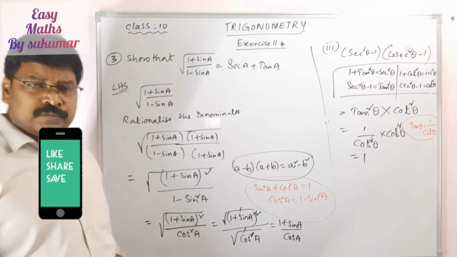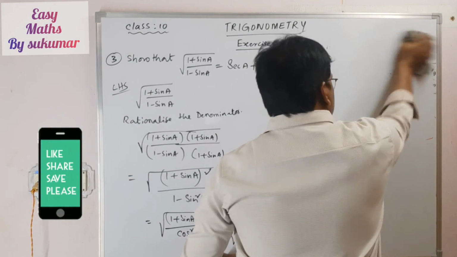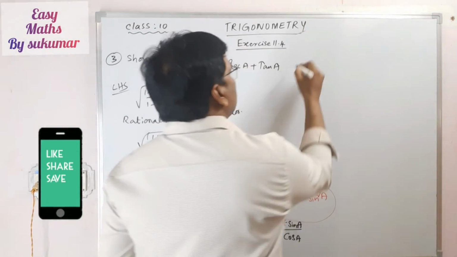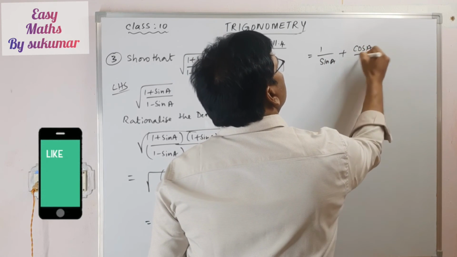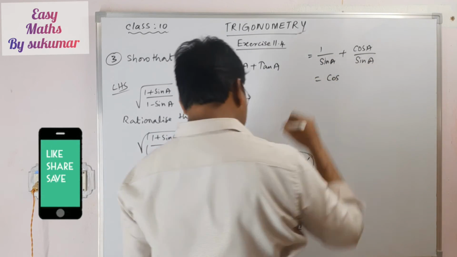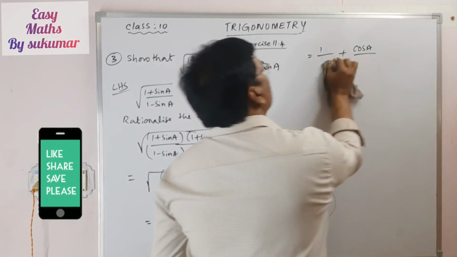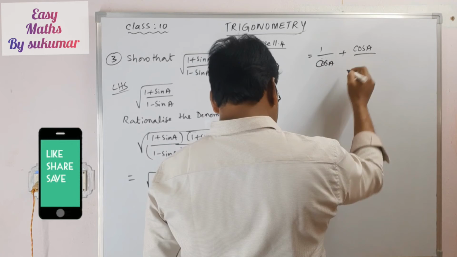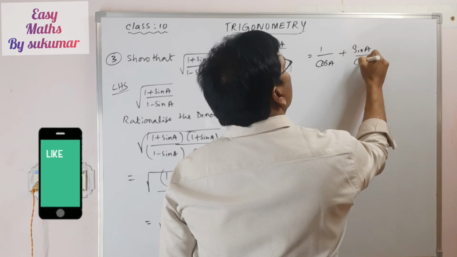Now we come to the conclusion. Finally my dear students, let us split this cos A. This is equal to 1 by cos A plus sin A by cos A. Sorry, I made a mistake earlier; cos A is in the denominator.